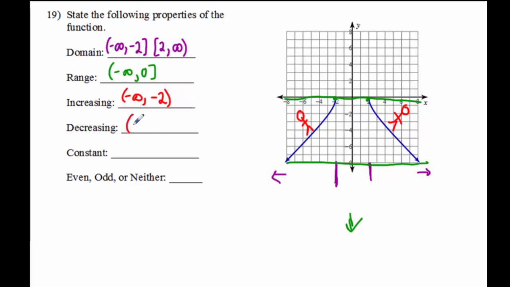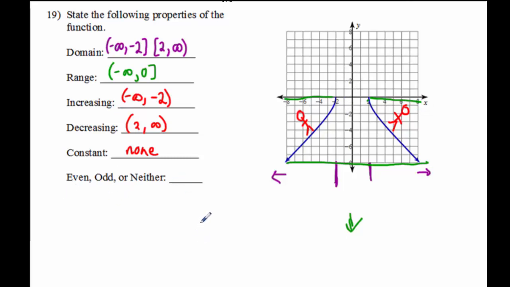This part is from 2 to infinity. Again, you can put a parentheses or a bracket around 2. It is not constant at all. If it had been connected right here, we would be constant there. It wasn't connected. I've just drawn a bunch of lines on top of that right now. So that, see, it's not connected.